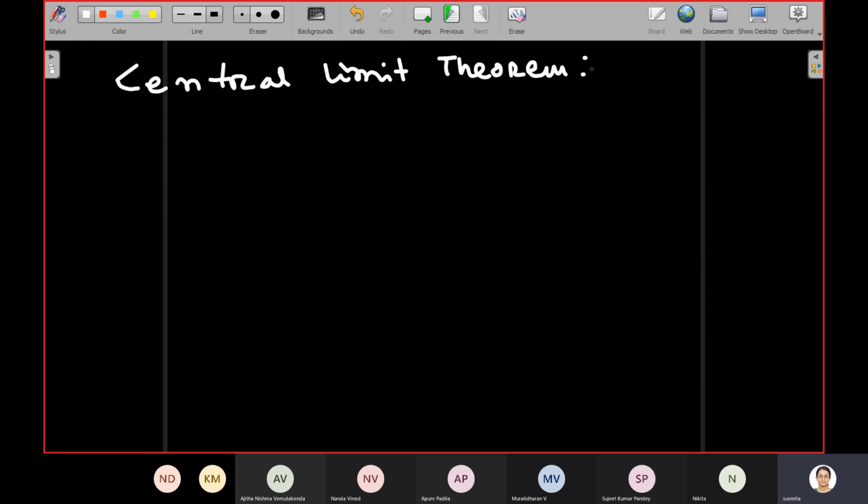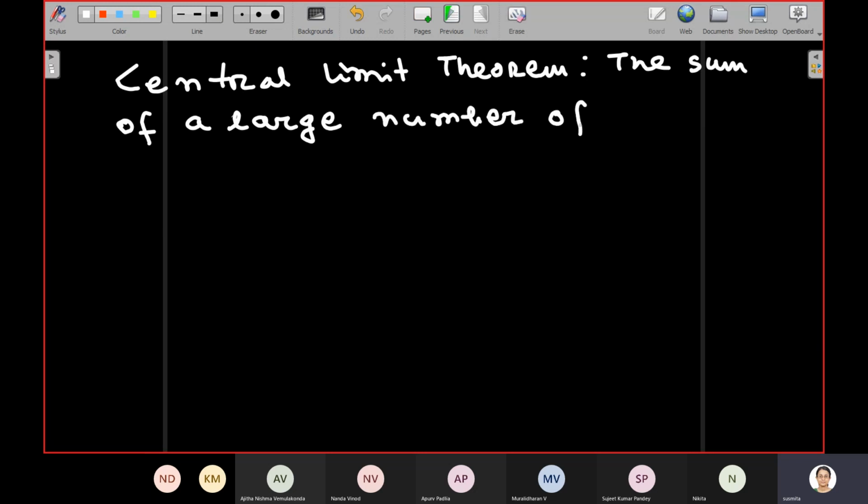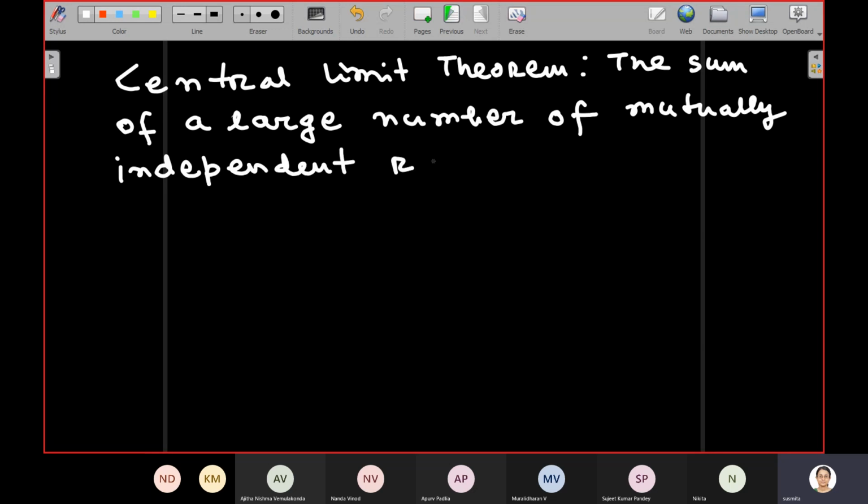Okay. So it states that the sum of a large number of mutually independent random variables.